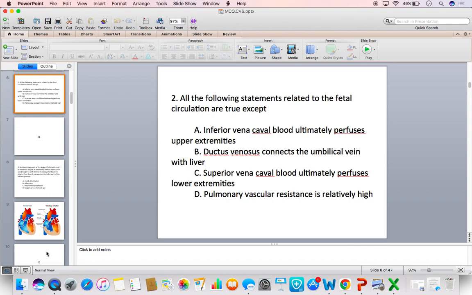The options being A. Inferior vena cava blood ultimately perfuses upper extremities. B. Ductus venosus connects umbilical vein with liver. C. Superior vena cava blood ultimately perfuses lower extremities. D. Pulmonary vascular resistance is relatively high in the fetus. So as you know, it is all about the fetal circulatory system.